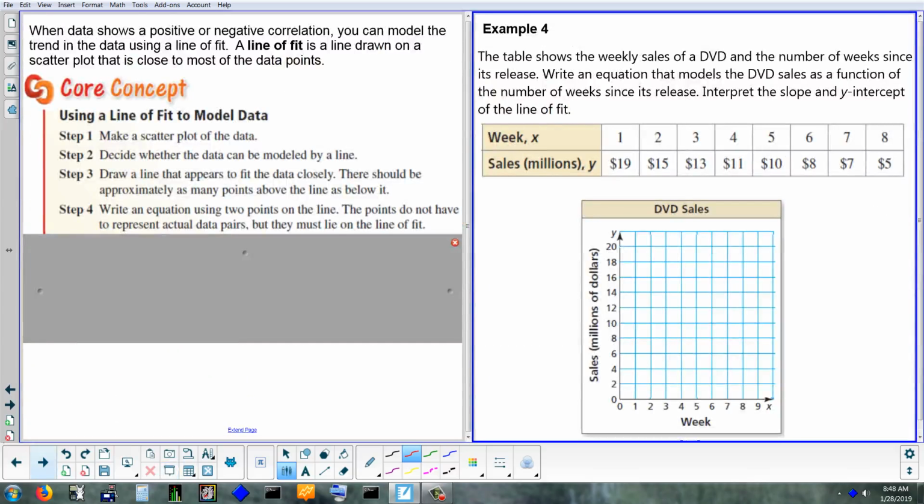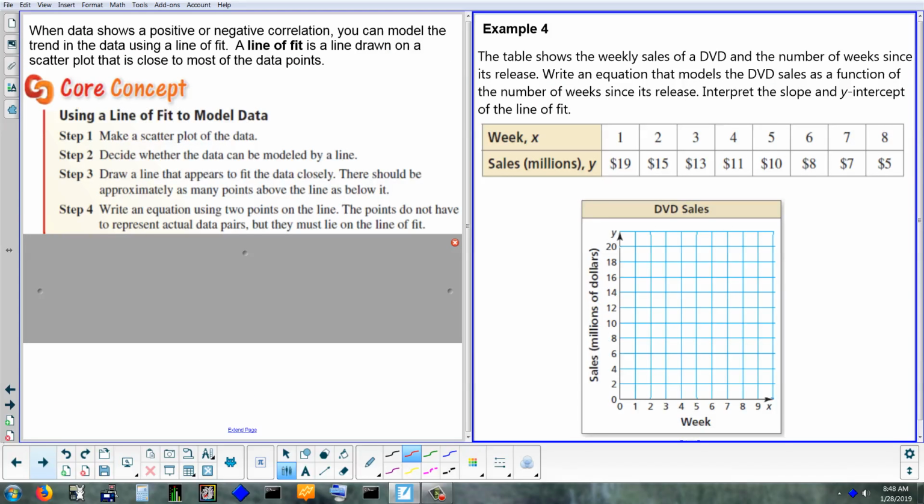All right. So, example for the last example. A table shows the weekly sales of a DVD in the number of weeks since its release. Write an equation that models the DVD sales as a function of the number of weeks since its release. Interpret the slope and y-intercept of the line of fit.